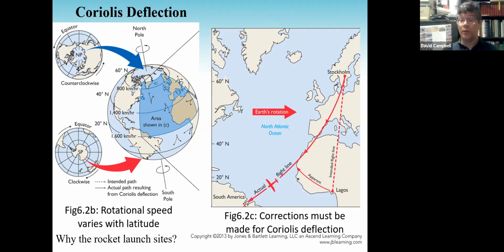Well, your rocket, by being right at the equator, is riding the Earth at about 1,600 kilometers an hour. Trying to launch from some place like southern Alaska, and it's got only half that speed. So having the greater speed of rotation helps the rocket have a faster speed in its travel.